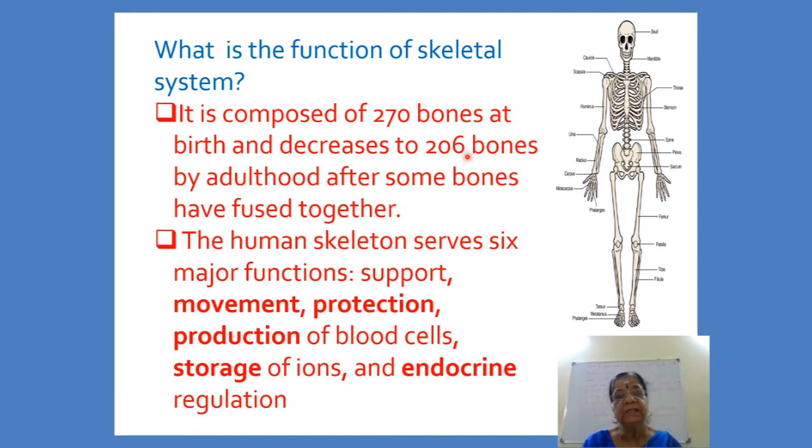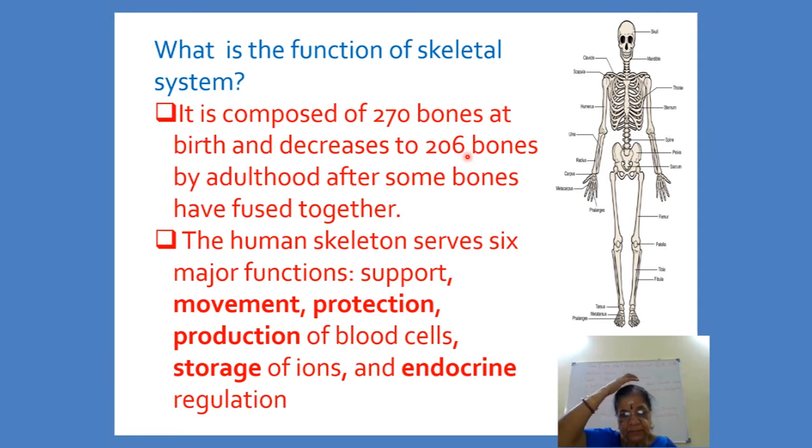What I said first, முதல்ல என்ன சொன்னேன்? It gives support, provides framework and support to the soft tissues. Then it protects the internal organs. It protects the vital organs such as brain, heart and lungs.